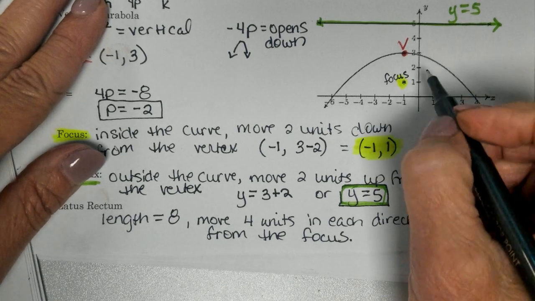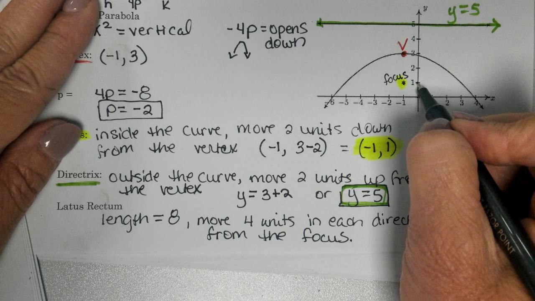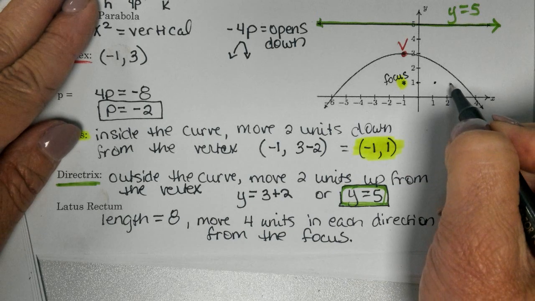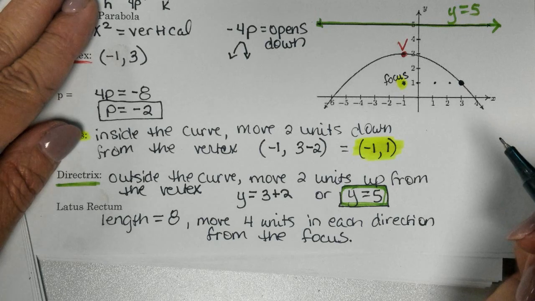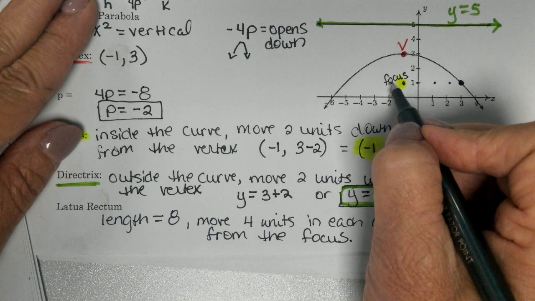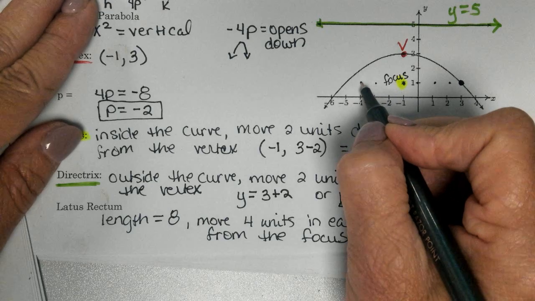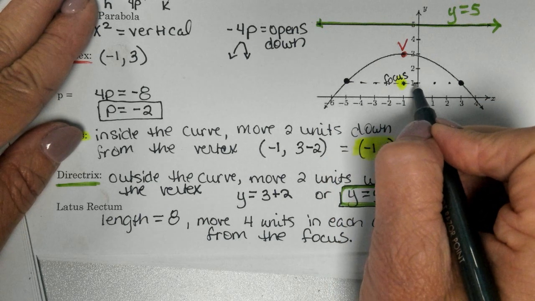So here you are right here. You're going to move 1, 2, 3, 4. Right there, you're on the parabolic curve. And you're going to move to the left. 1, 2, 3, 4. There you are again. Right there on the parabolic curve.